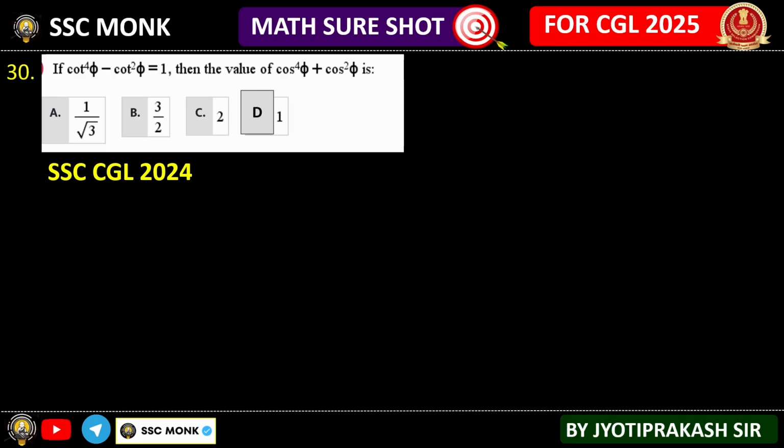cot⁴φ minus cot²φ is equal to 1. Then value of cos⁴φ plus cos²φ. Now see, I can write cot²φ(cot²φ − 1) is equal to 1. Now see, I want all the answer in cos.